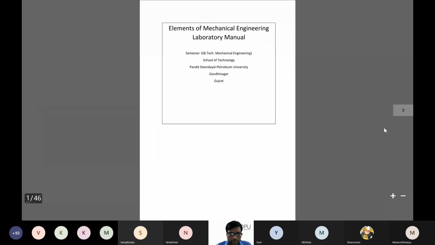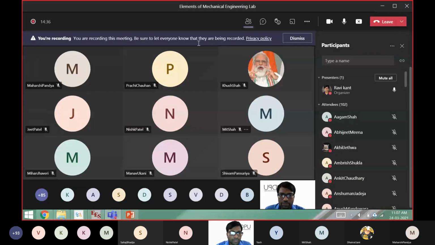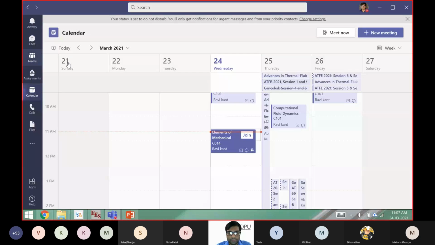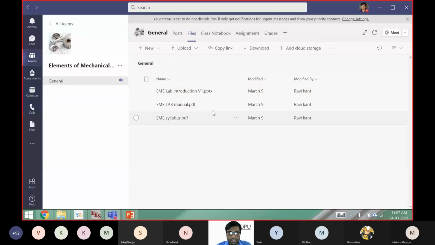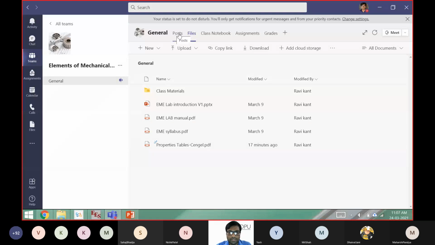Let me show you where you can find this file. You have to go to Teams, and in Files, right next to the post, you have a File section, and here you have all the class materials. This is your EME lab manual for all the experiments.